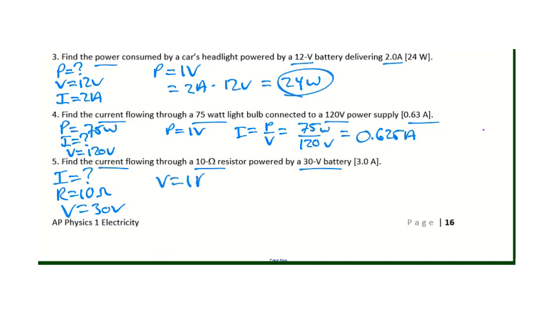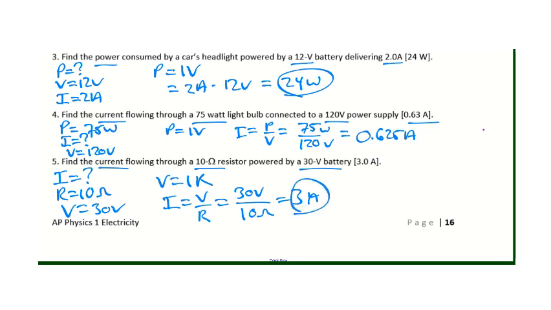V is equal to IR, Ohm's law. And we're looking for I, which is V over R. We divide both sides by R. And so we're going to get 30 volts divided by our resistance of 10 ohms. 30 volts over 10 ohms is going to reduce to a current of 3, and the unit is the ampere.